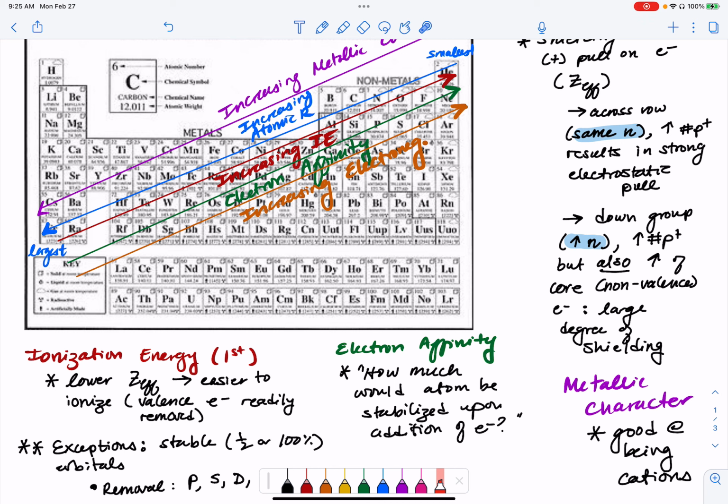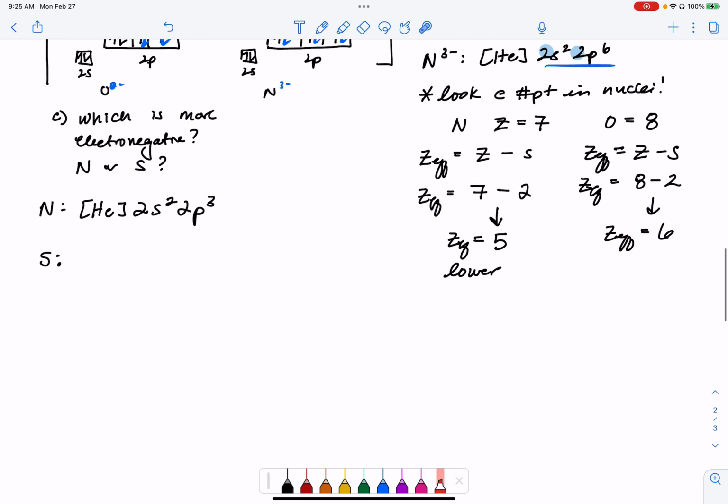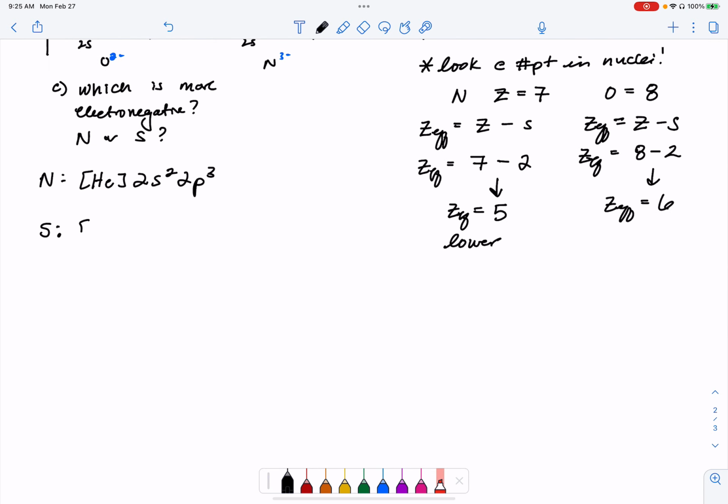Well, okay, different columns and also different rows. So we've got nitrogen versus sulfur. So sulfur is going to have an electron configuration that starts with the noble gas core of neon, and then following 2s2, 2p4.